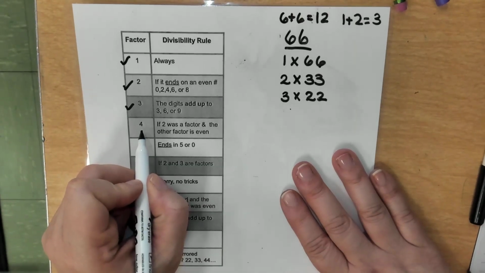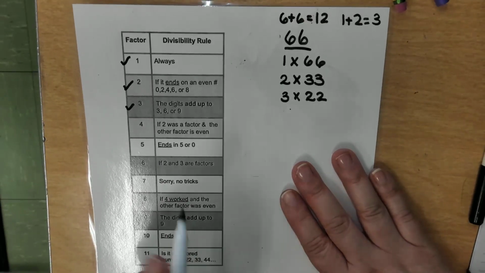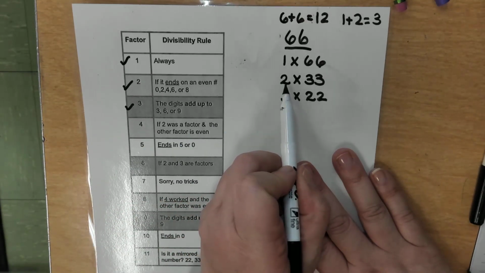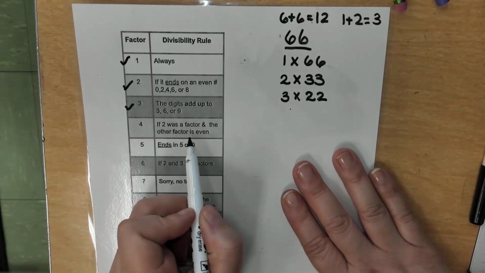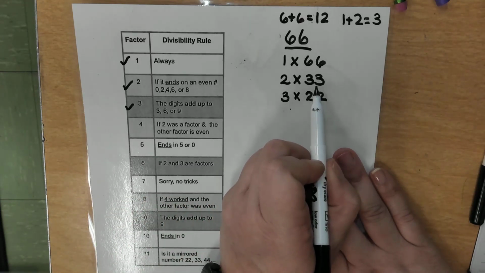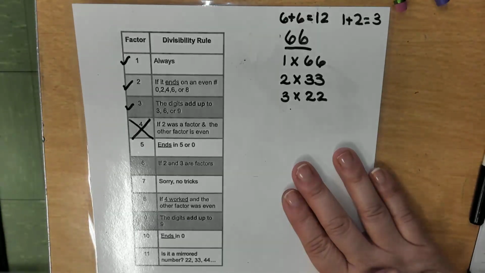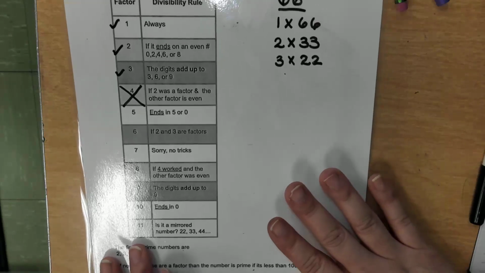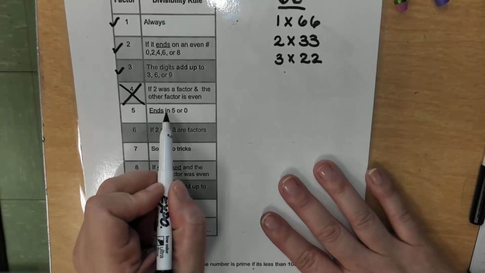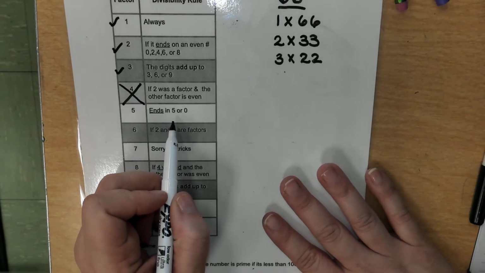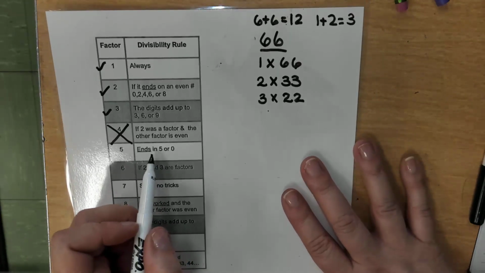Now we're going to check if 4 is a factor. If 2 was a factor, the other factor has to be even. 33 is not an even number, so 4 is not going to be a factor. Now I'm going to look and see if it ends in 5 or 0, then 5 will be a factor.